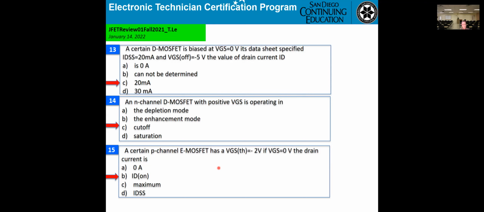Who's telling me what is the ID on? No one telling me.